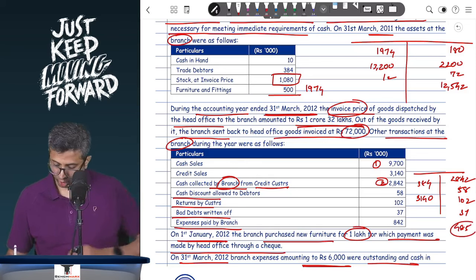Now your closing furniture will be, let's say, 500 into 16%, 80 of depreciation, 1 lakh, 100 into 16% divided by 4. I think 84 of depreciation will come, 600 minus 84 comes to I think 516.